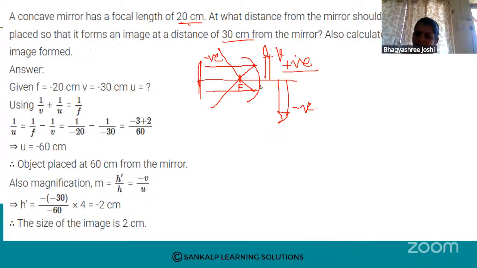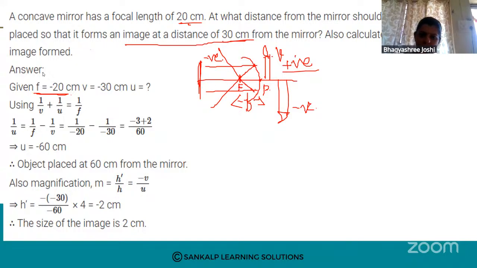Now the focal length, so this is P and this is F. The distance between P and F is the small f, the focal length. F is negative here, so minus 20 centimeter. And V is the image at a distance of 30 centimeters.